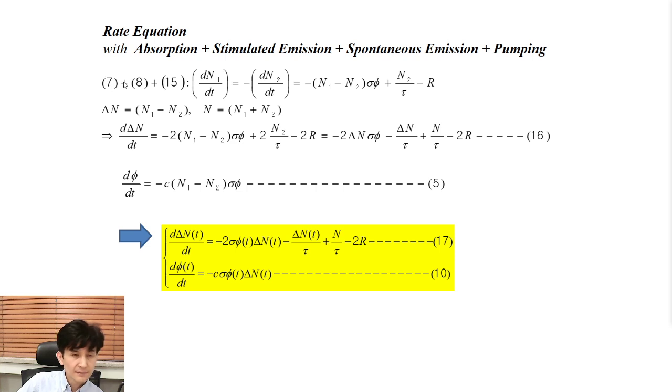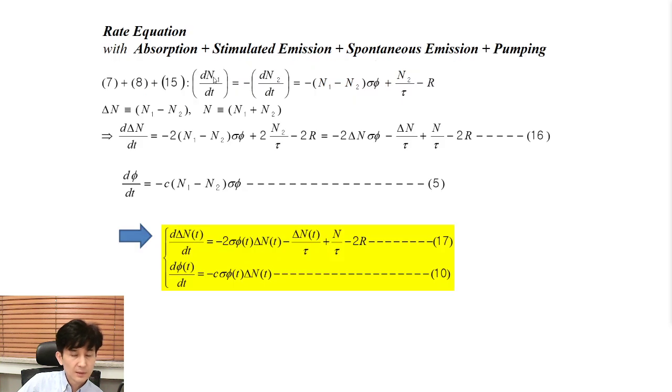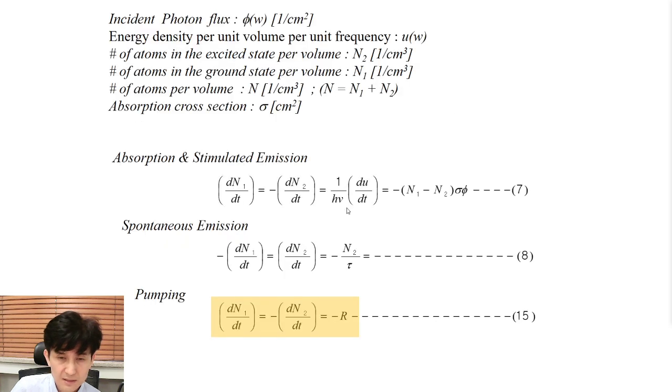If we add 7, 8, and 15, we have one rate equation: dn1 over dt is equal to minus dn2 over dt, equal to the summation of this term, this term, and this term.